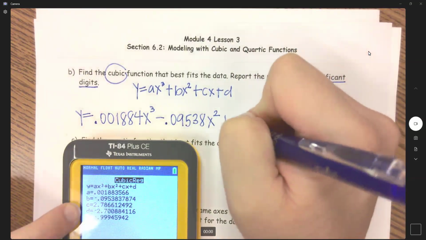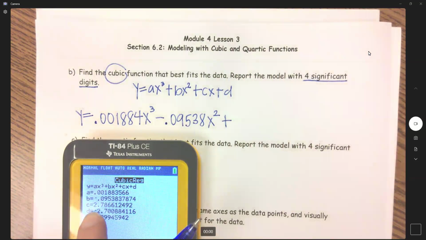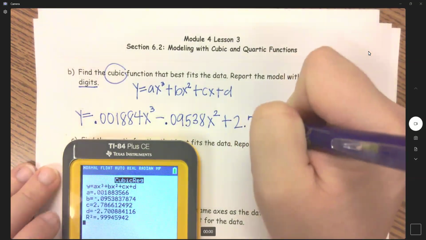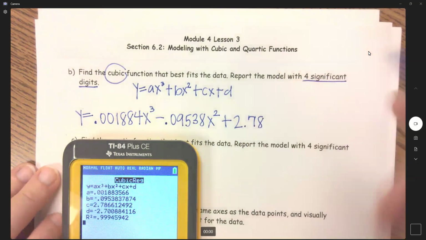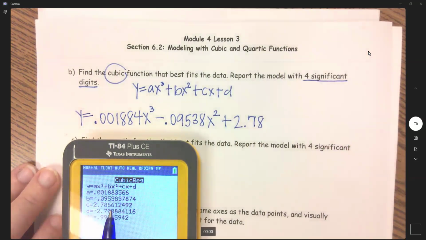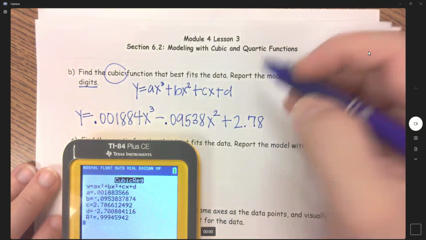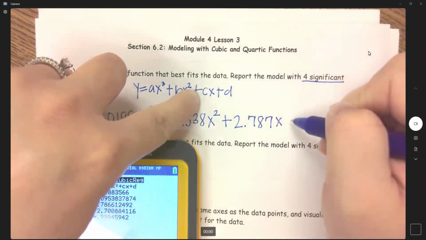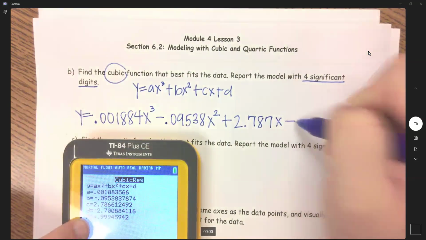My c is positive, so plus. That 2 is my first significant digit. So 2, 7, 8 is first, second, third significant. Looking at that second 6 makes that first 6 go up to a 7. And that is cx. And then plus d, but my d is negative.